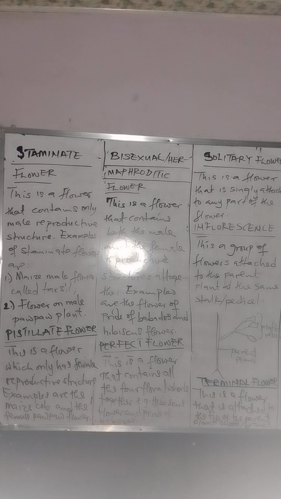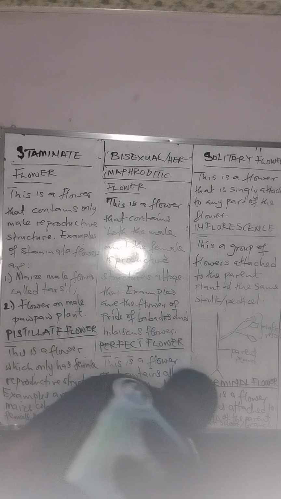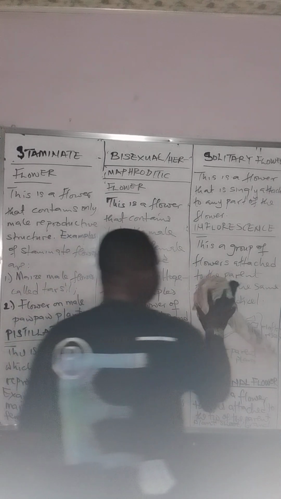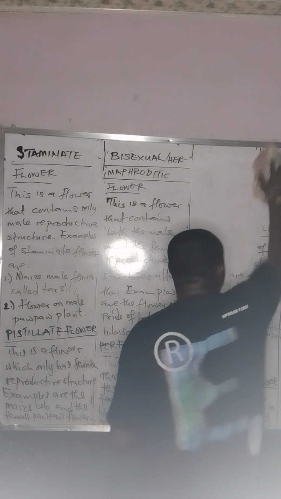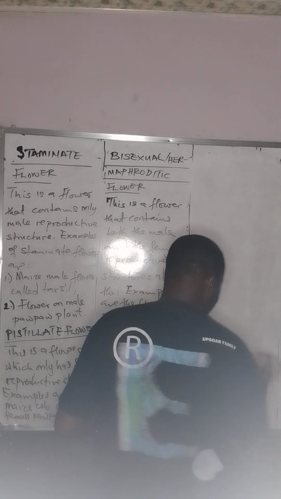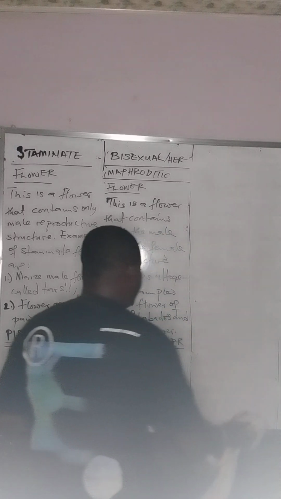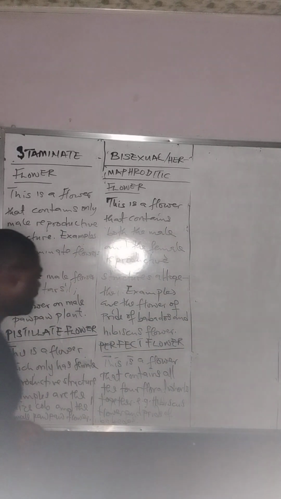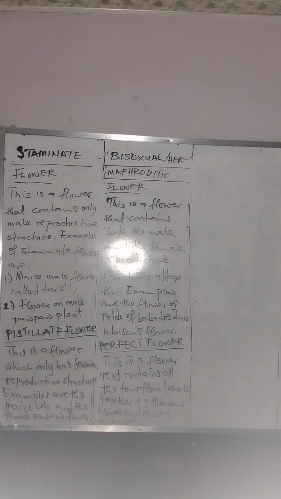So you can meet me in the comment section, let's discuss that, and let me give you work to do on that. Now let's go on. Another name for perfect flower is complete flower.